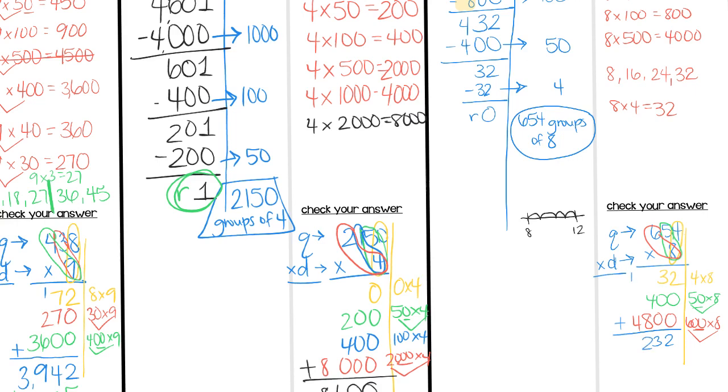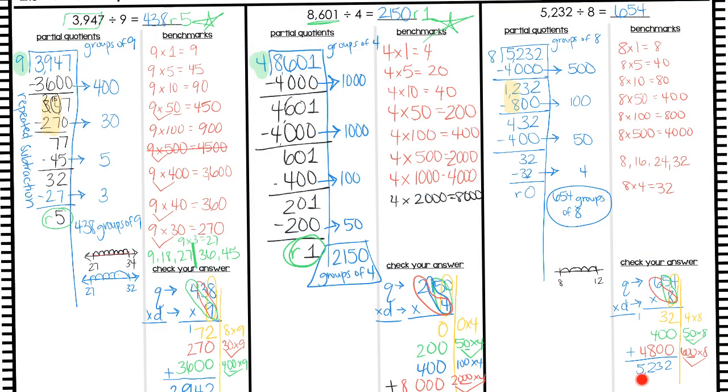Carry the 1 above the thousands place. And we have 1 plus 4 is 5. 5,232 is the dividend that we started with. So we know that 654 was the correct quotient.